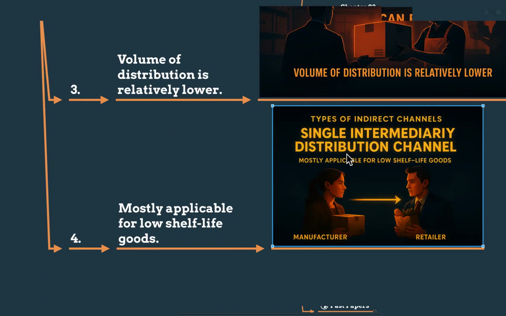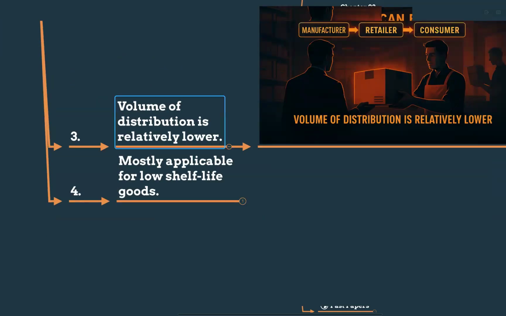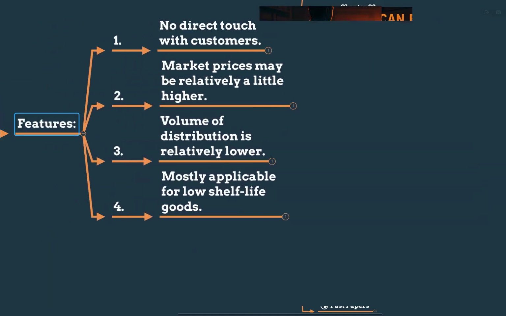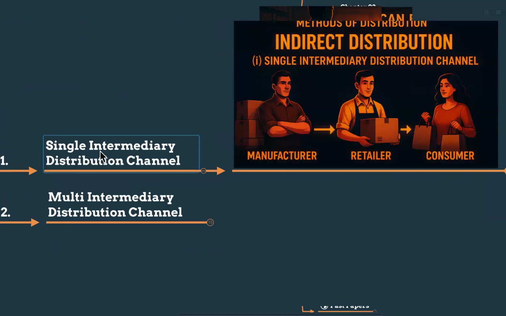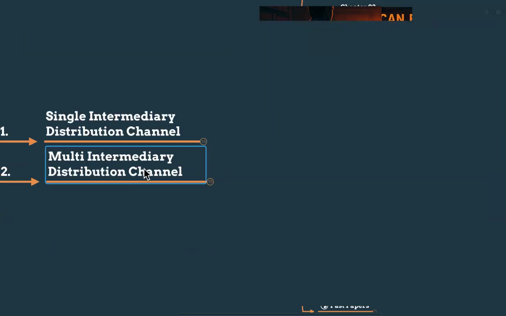For example, Prima bread. The factory delivers to your shop every morning because customers buy from you, right? Why? Because it is mostly applicable for low shelf life goods with only one intermediary. So I hope you understood some of the features of the single intermediary distribution channel.